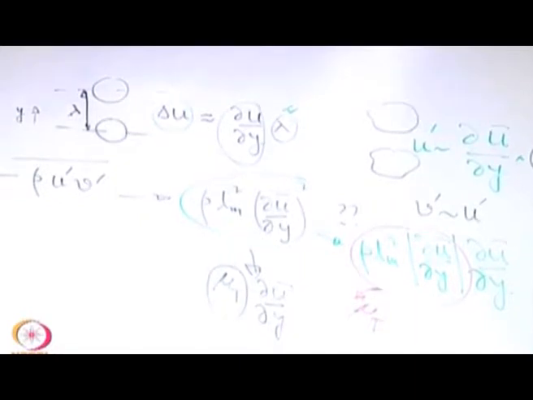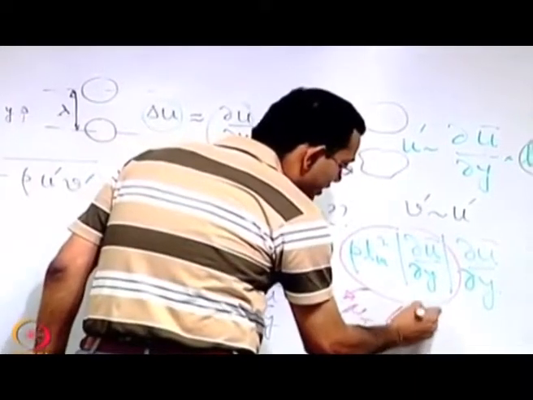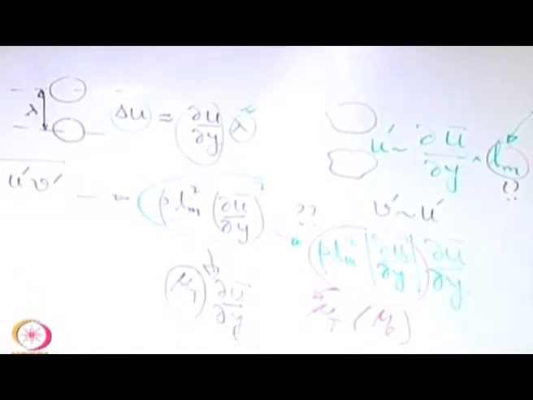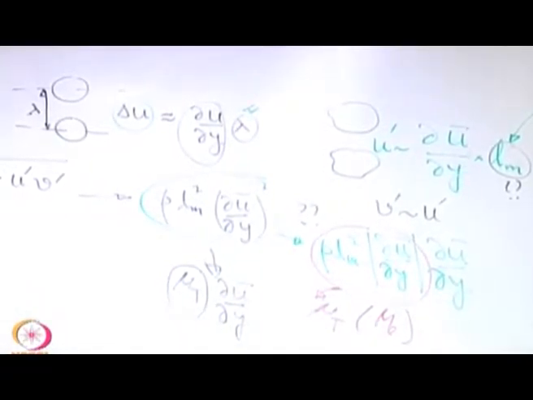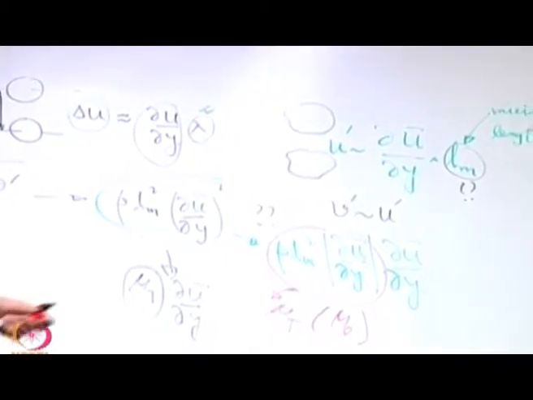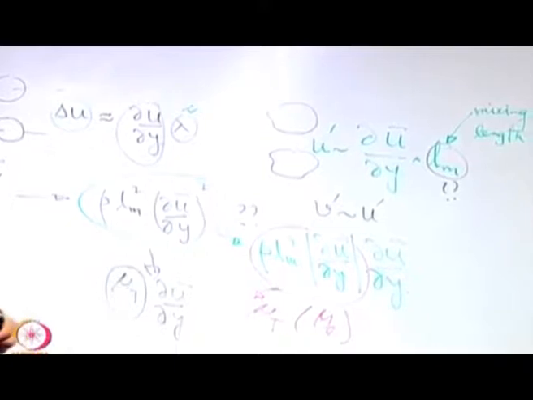Turbulent viscosity is sometimes also called eddy viscosity, mu e, and the name is very clear because it is due to the interaction between fluctuating velocity components of eddies that it is often called eddy viscosity.